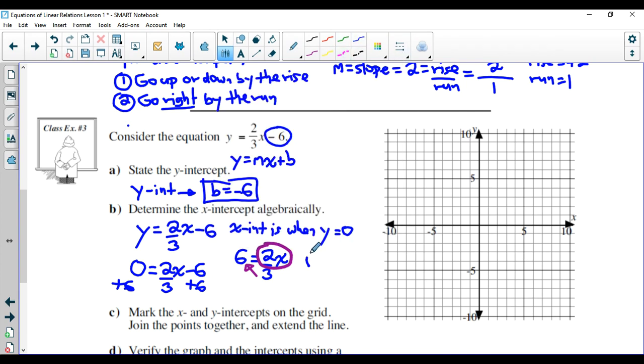So this would be 6 multiplied by 3 would then be equal to 2x. Okay, so this would then be 18 is equal to 2x.